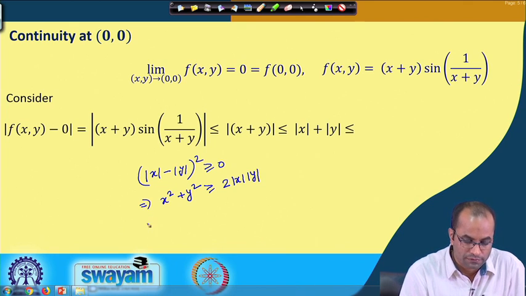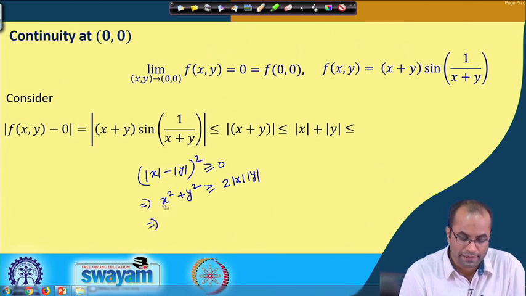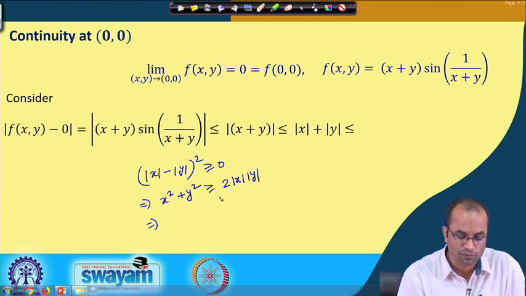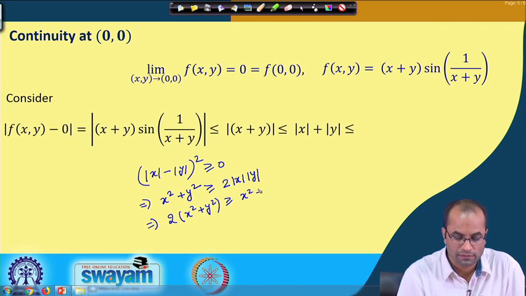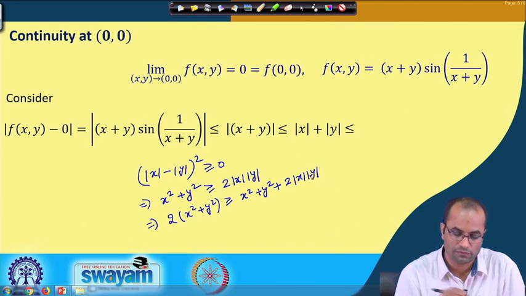Now, if I add x square plus y square to both the sides, on the left it will become 2 times x square plus y square, and on the right side it will be x square plus y square plus 2 times absolute value of x and absolute value of y.